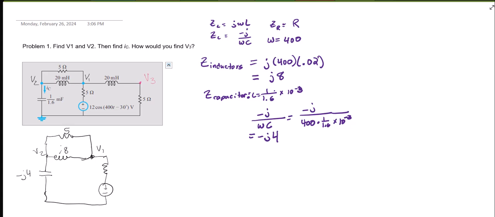And then to change our voltage to the phasor domain, that's going to be 12 angle negative 30. The 400, that was our omega. This inductor is the same, it's also J8, and that resistance is 5, and that resistance is 5.